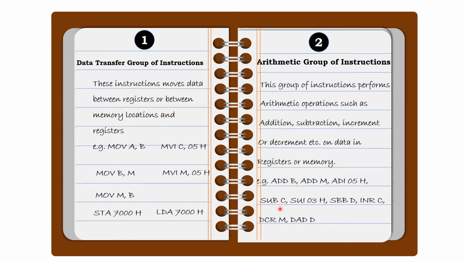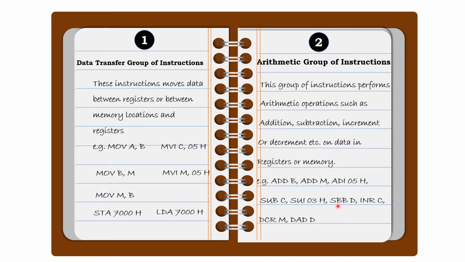So just remember, SUB C means the content of C is subtracted from the accumulator, not vice versa. The next is SUI 03H, which means subtract immediate 03 data from the accumulator.